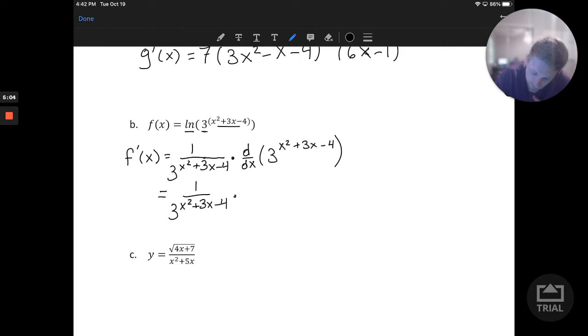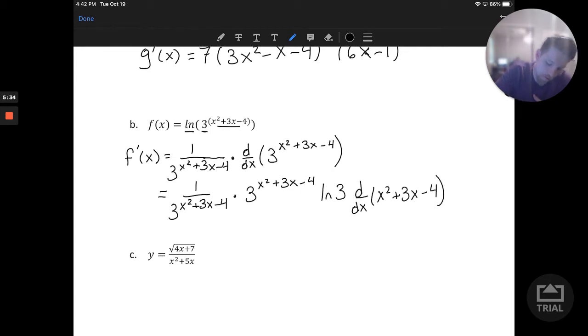So the first thing, again, we would say rewrite our exponential, times the natural log of the base, times here the derivative of the exponent. I'll write it out one more time, the derivative of the inner function. In this case, the inner function happens to be the x squared plus 3x minus 4. That would be the true derivative of that exponential function as it sits there.